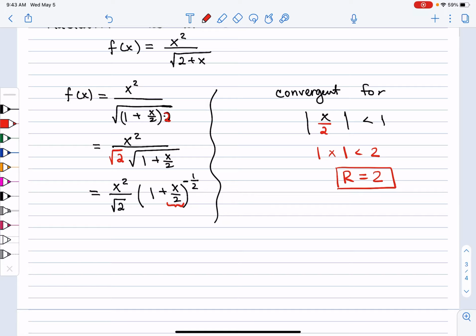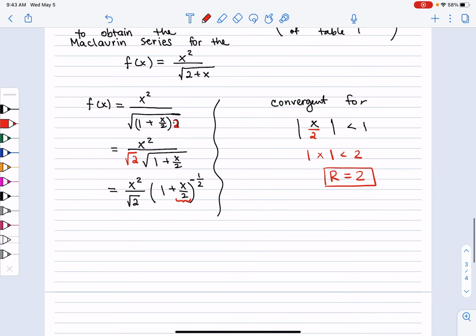And let's continue working with the formula. So we know what f of x is. So f of x, let me rewrite it. I have f of x is equal to x squared over radical 2 times 1 plus x over 2 to the negative 1/2.